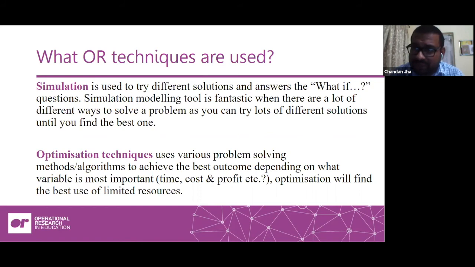These are very limited, so they are constraints, and with the help of these limited resources we need to find the best, optimal solution.